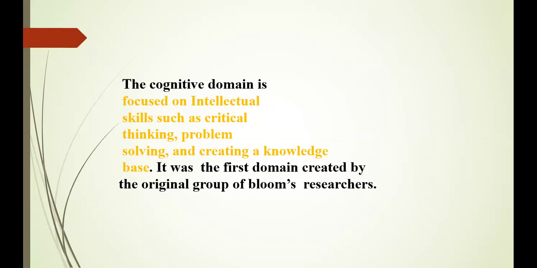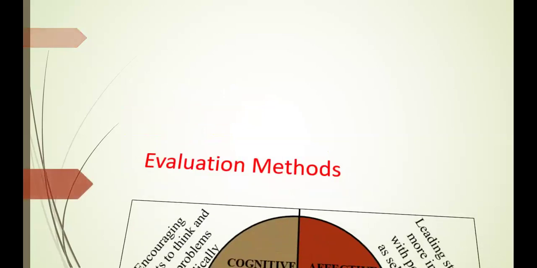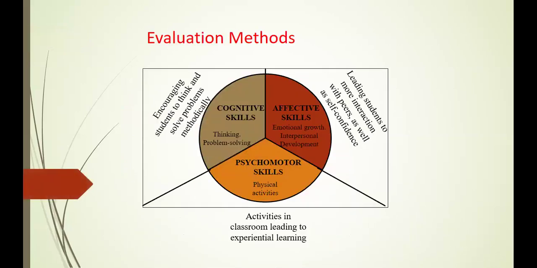When we go on to the psychomotor domain, we can see the special feature as physical involvement. For example, if the student is taught to present a speech, finally the student makes a speech using good pronunciation, a good set of vocabulary, and facial expressions and hand gestures and all these things.